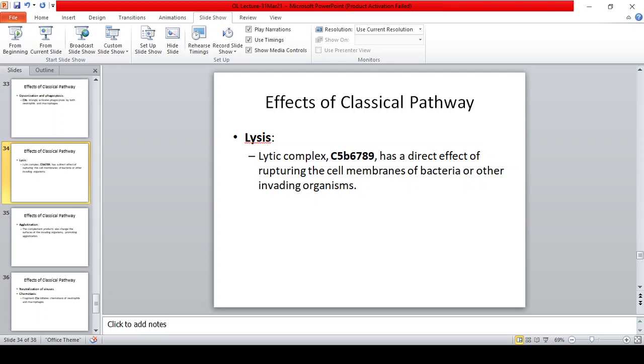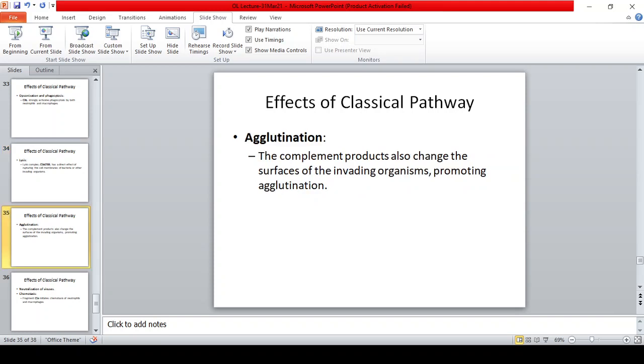So lysis is another effect of the activation of the classical pathway by which the antibodies act. And then there is agglutination, and the complement products can also change the surfaces of the invading organisms, leading to their stickiness to each other, promoting the agglutination.